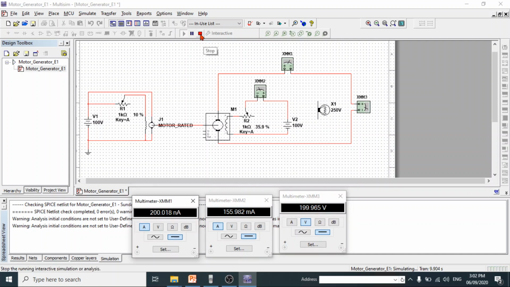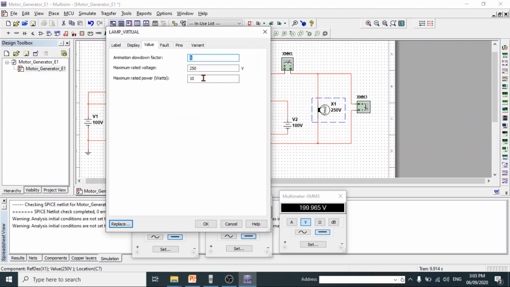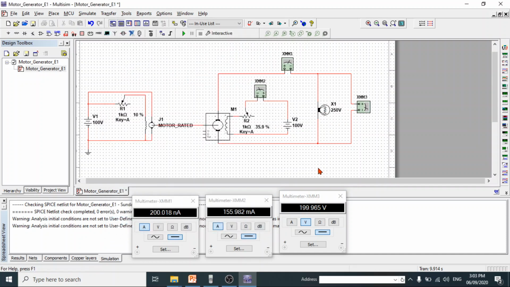You need to stop the simulation first, and then connect the virtual lamp to the terminals of the generator, for it to be supplied with the voltage. Double click the lamp and change the wattage to 20 watts. Click OK and then run.